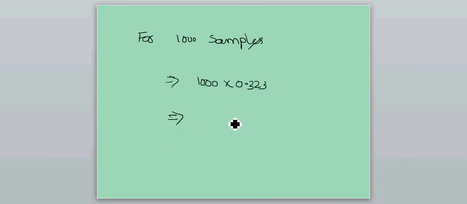So for 1,000 samples with that probability, you will get 1,000 into 0.323 products that will be defective. It comes as 323. So out of 1,000, 323 will have at least 3 defectives.